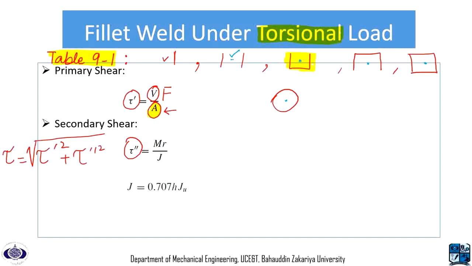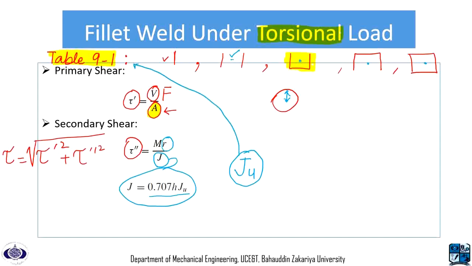Once the G point is known, then we can find the distance R from the G point. Similarly, J can be found using this formula: J is equal to 0.707 h Ju, where Ju can again be calculated using the formula given in table 9-1. Once again, we will have to look for the relevant profile, and for that profile we can look for the formula in table 9-1.